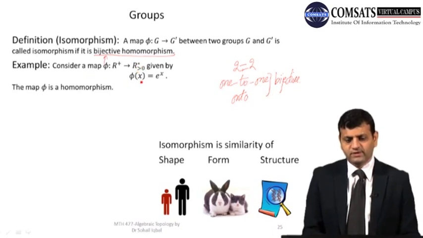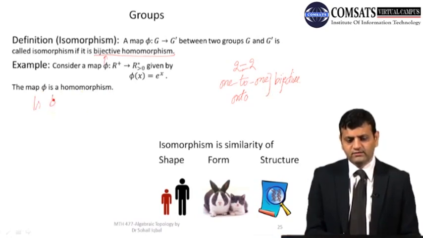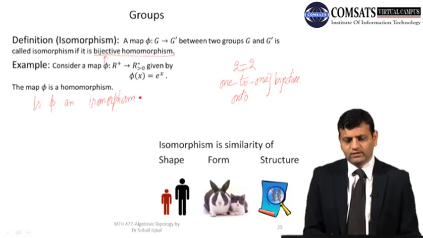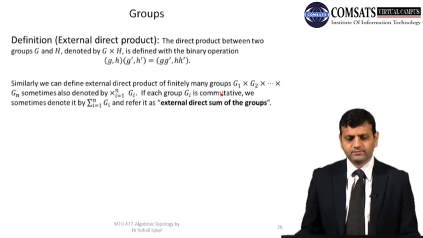Let's define this map phi of x is equal to e raised to power x. Then this phi is a homomorphism. It is an exercise for you to check whether phi is an isomorphism. You just need to check whether it is one-to-one or not, and whether it is onto or not.